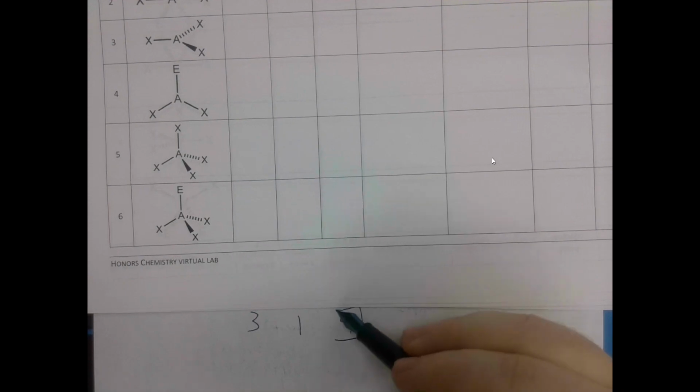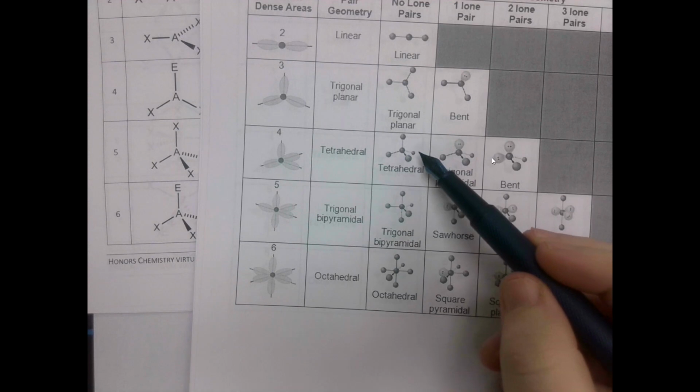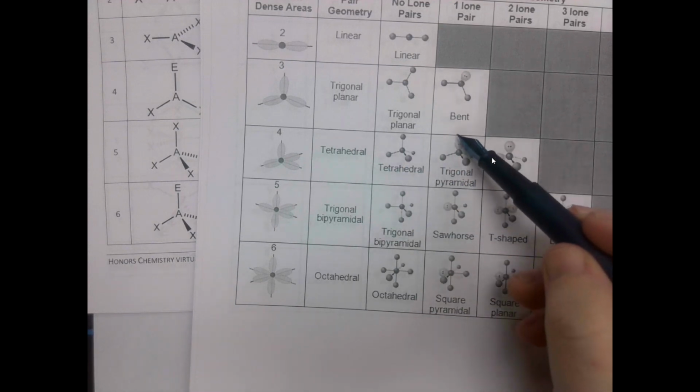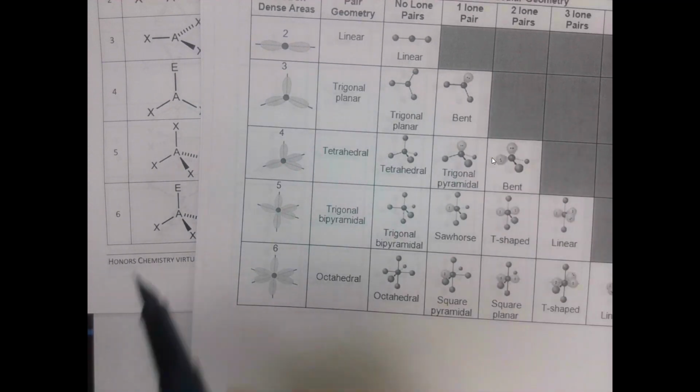Another thing you could do is, so we have 4 total regions. So we know it's going to be here. It looks like this. But one of them is a lone pair. So it's trigonal pyramidal. It looks like this.